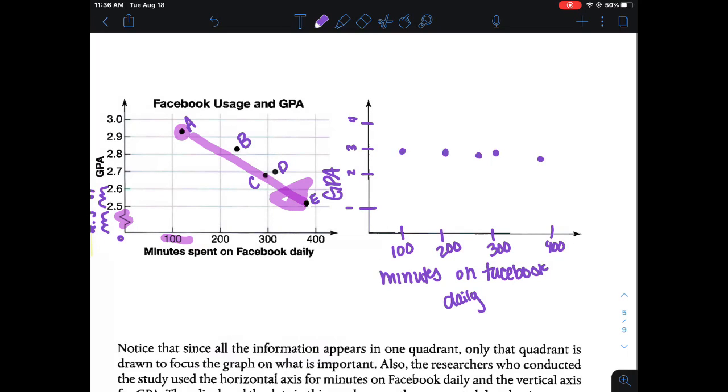So when you're looking at a graph in real life, make sure that you're looking at all the information, how the x-axis is scaled, how the y-axis is scaled, and see if it's in any way misleading, because that happens all the time in order to skew the audience's view, making them see the data the way that the presenter wants them to see the data, if that makes sense.